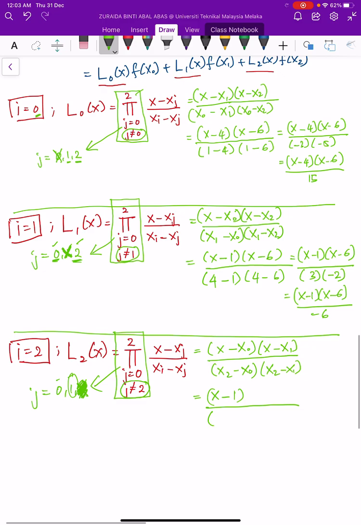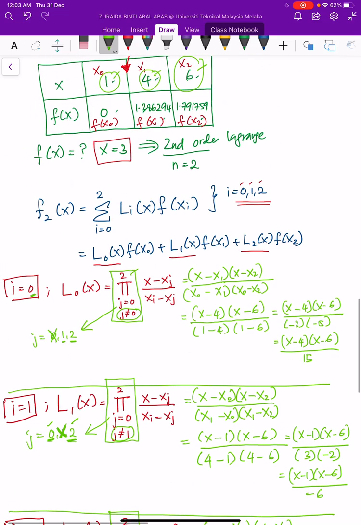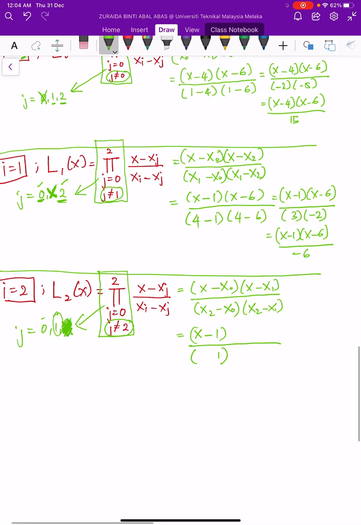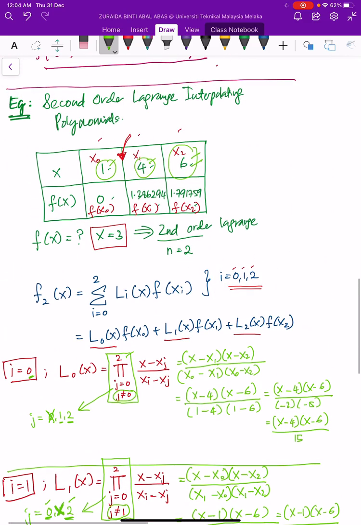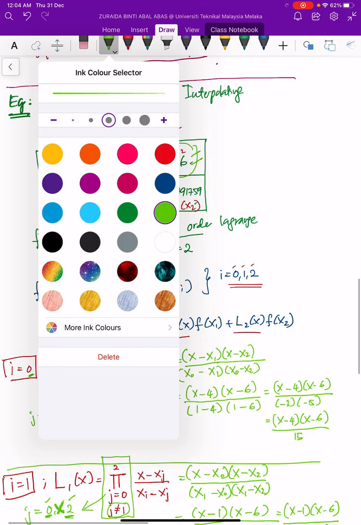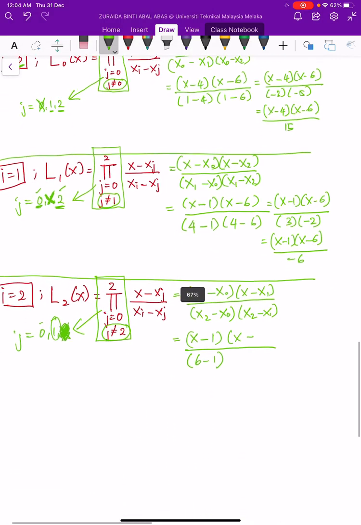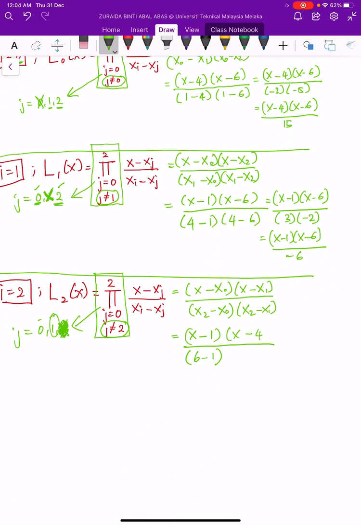So basically this one will follow: x2 is 6, so 6 minus 1. Then we have x minus x1. x1 is 4. So this one, x2 is 6, minus 4.